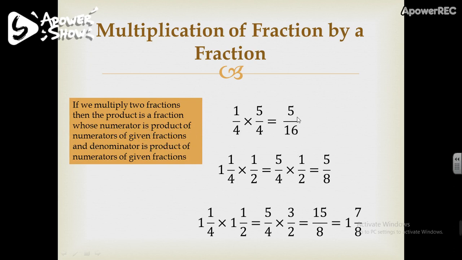So this numerator is a product of the numerators of these 2 fractions, and this denominator is the product of the denominators of these 2 fractions. So if you want to multiply a fraction by a whole number or a fraction by a fraction, then you have to just multiply the numerator by the numerator and the denominator by the denominator.